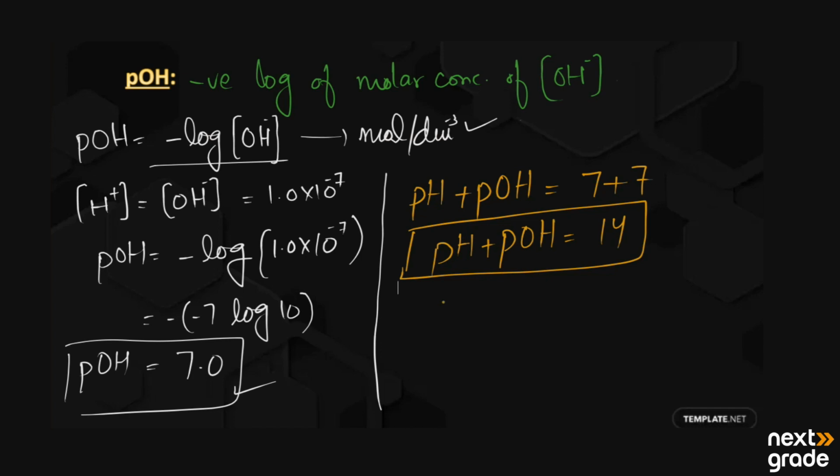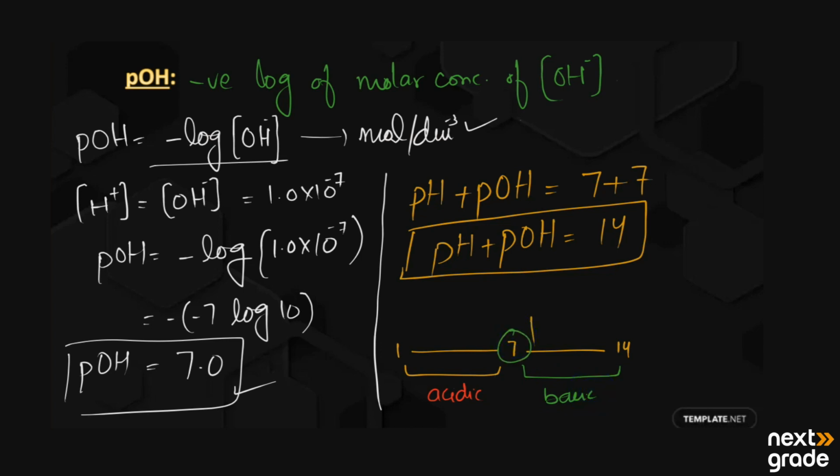The range from 1 to 7 is for acidic solutions, and the next range, from 7 to 14, is for basic solutions.